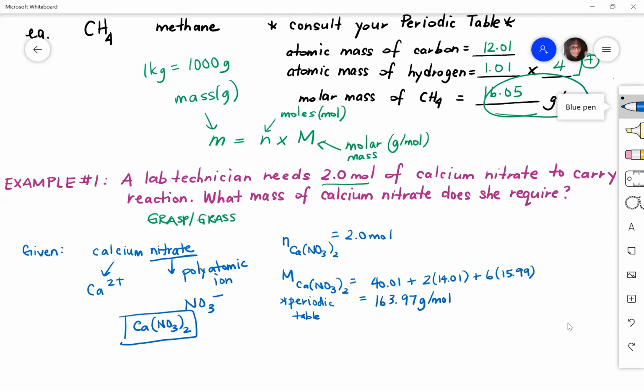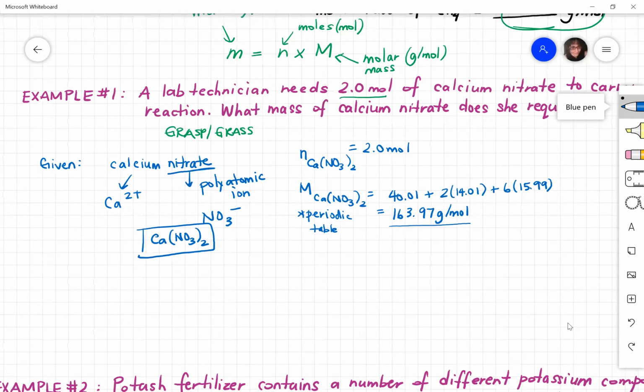And taking a look, that's our molar mass in grams per mole. So these are the two things that are given to us in this question based on calcium nitrate. What's required? So what do we need to solve for?